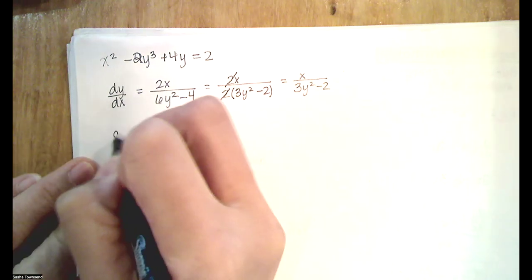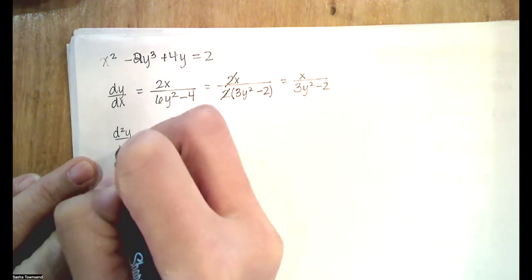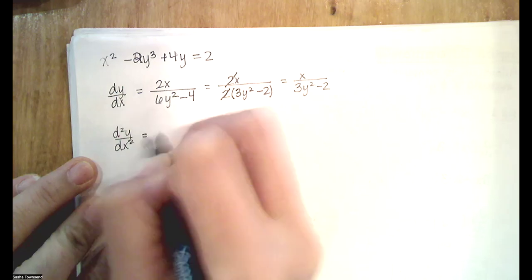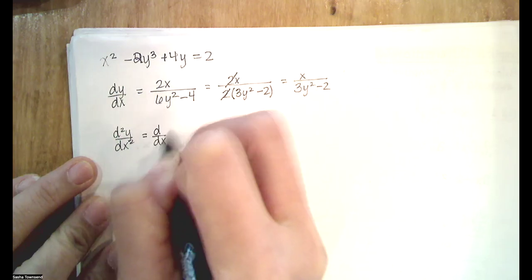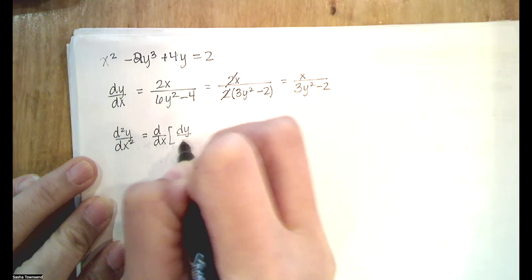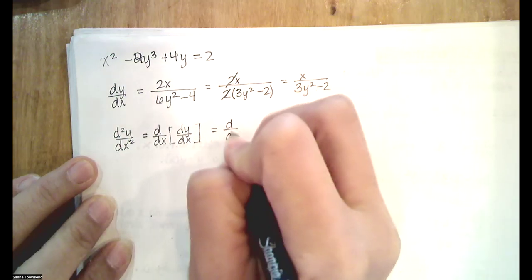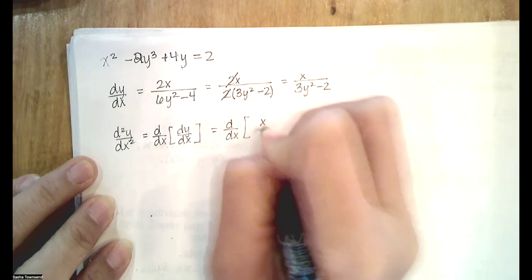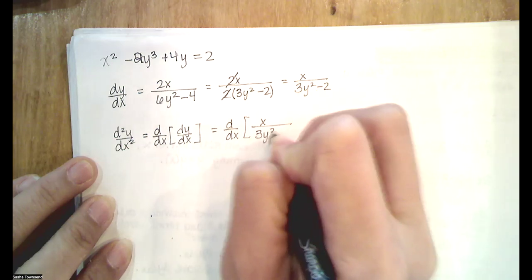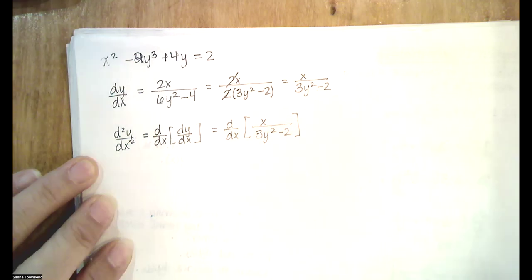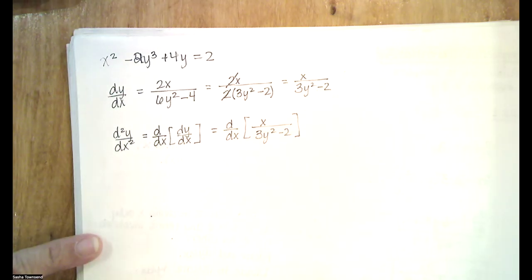Now, if we're taking the second derivative, that's just the derivative with respect to x of the first derivative. We'll have the derivative with respect to x of this quotient. We can find that derivative using implicit differentiation as well.